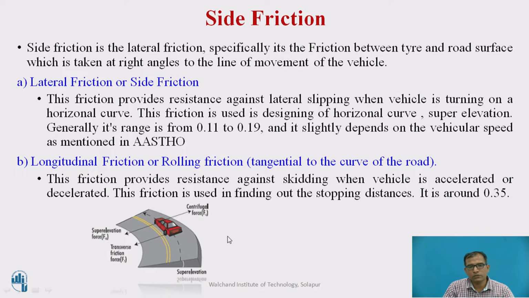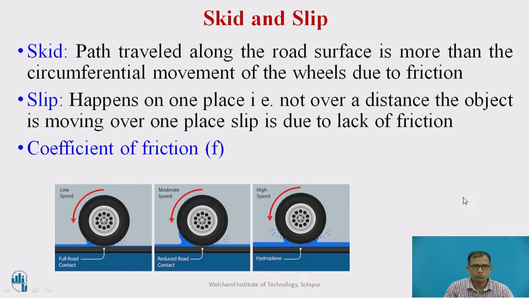This friction is used when we derive the equation for stopping sight distance. When we calculate the super elevation, we depend entirely on the lateral friction. In calculating the stopping sight distance, we take around 0.35 as the coefficient of friction.